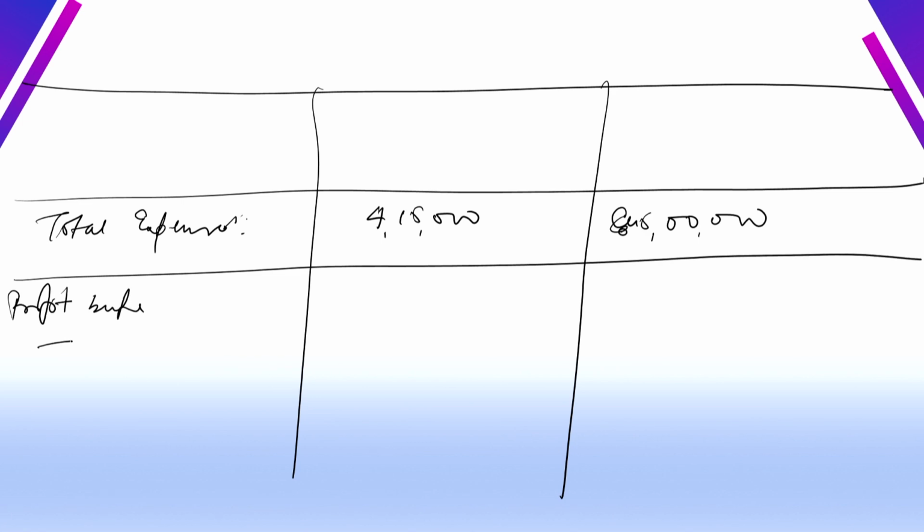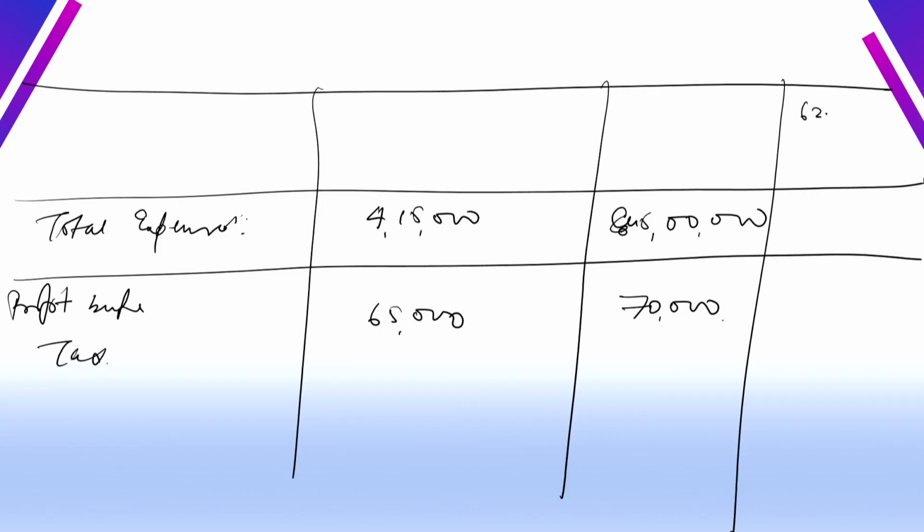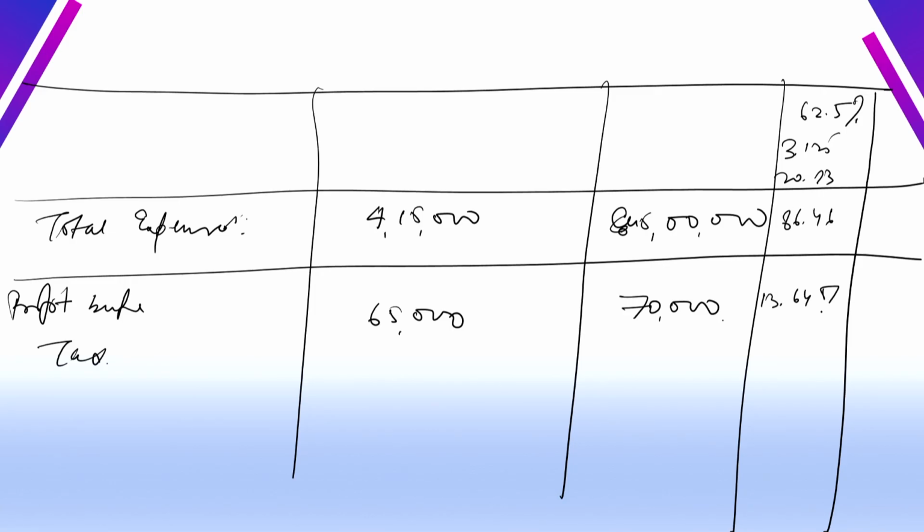Profit before tax is 65,000 for the previous year, and for the current year it is 70,000 rupees. If you add up the total cost, that was 62.5 for cost of materials, then 3.125 and depreciation 20.83, it totally came to 86.46%, and 13.54% is the total profit before tax.